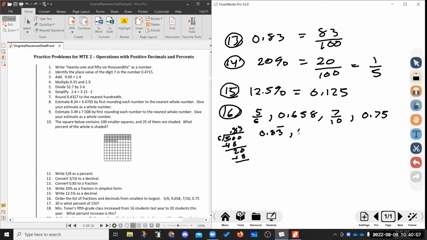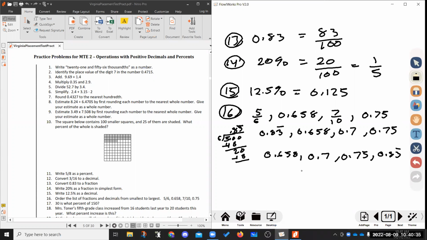And we have 0.658. That bar that I put over top says that it keeps repeating over and over again. All right, so smallest to biggest. So smallest is 0.658. Then we've got 0.7, got 0.75, then we've got 0.83.